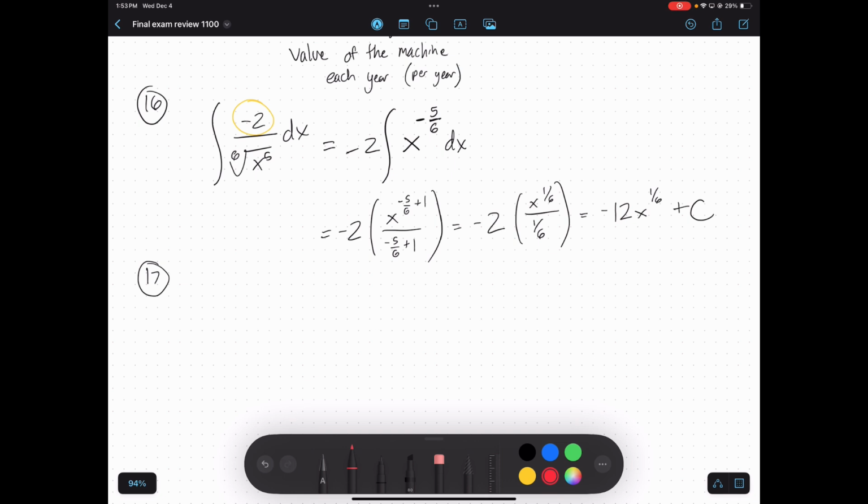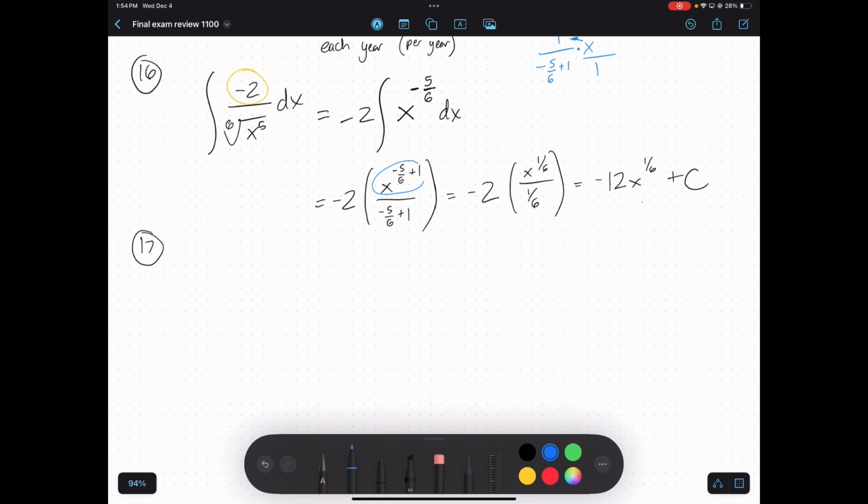Yeah, so it doesn't matter, because if you wrote it like this, 1 over negative 5/6 plus 1 times x to the negative 5/6 plus 1, this is multiplication, right? But if I wanted to, I could multiply these two things together by just putting the other one over 1. Oh, okay. And by multiplying those two things together, you multiply the top 2 numbers, which leaves you with this, and you multiply the bottom 2 numbers, which leaves you with that. So that's just me combining it into one fraction. Okay.